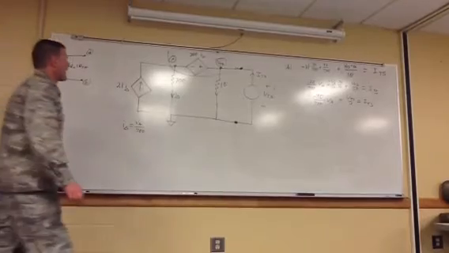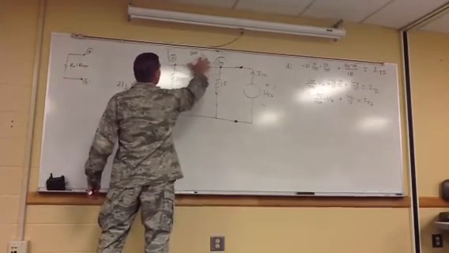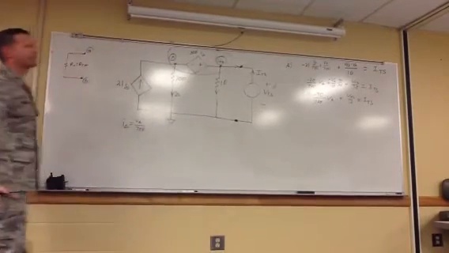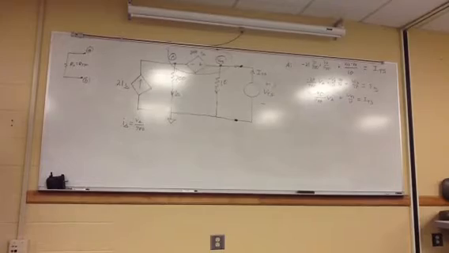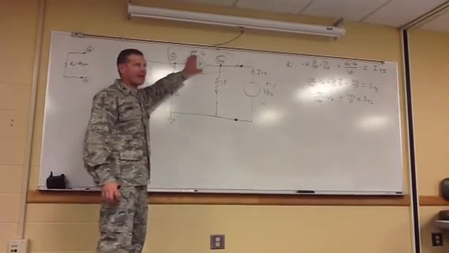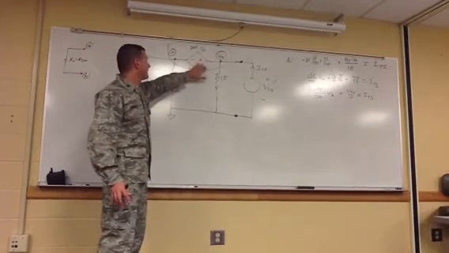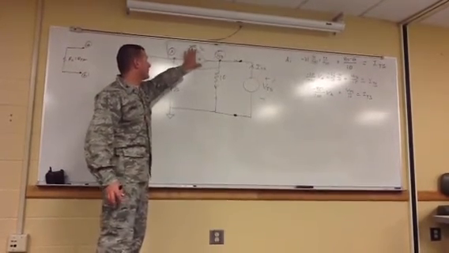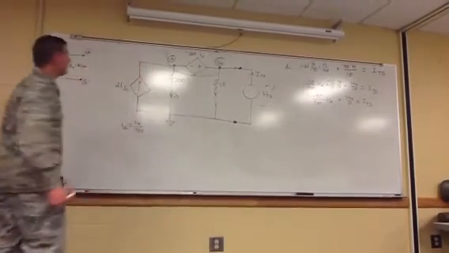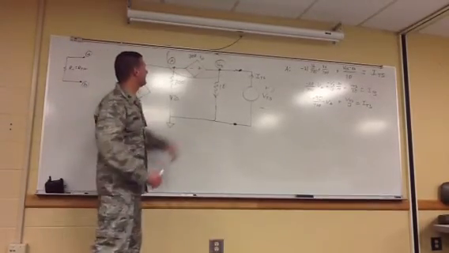Well, we still have our relationship, 300 times I delta, which is going to relate the VTS and the ITS. Usually, when we see a supernode, we have an independent source in here. In this case, it's dependent, but it's still a voltage relating these two things together. So we can use that information to find out what VA is relative to VTS.